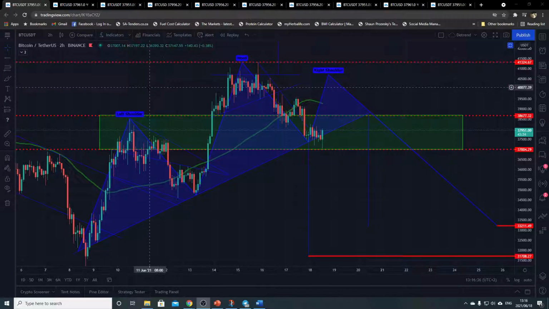Okay, so now we're using just the Bitcoin USDT Tether on the Binance chart. The reason why I use the Binance chart is because I use Binance to do my spot trading and leverage trading as well. So it's the closest price to that.